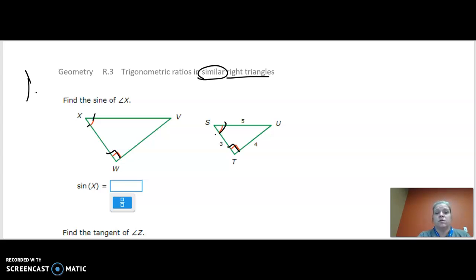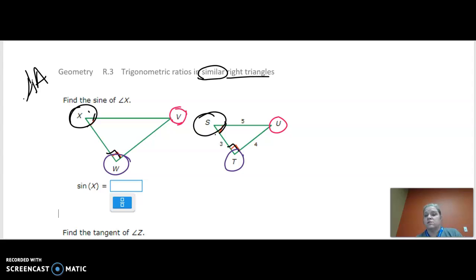So these two triangles are similar because of angle, angle. Then X is in the same spot as S, W is in the same spot as T, and V is in the same spot as U. Because they're similar, their trig ratios are similar also.